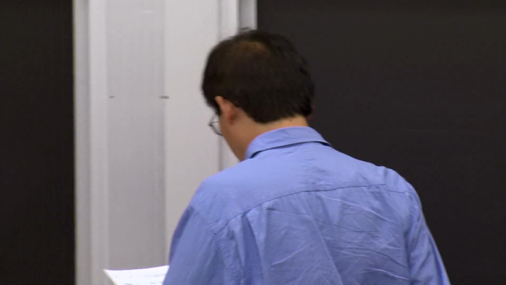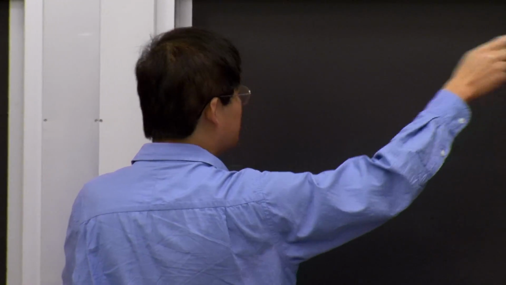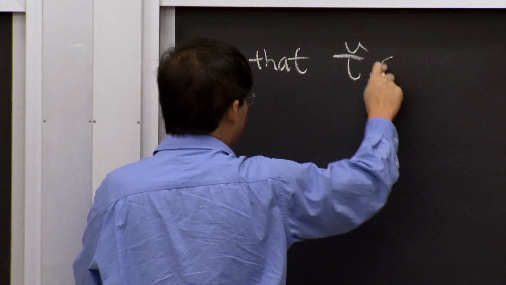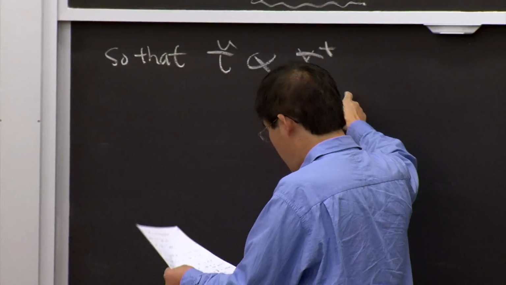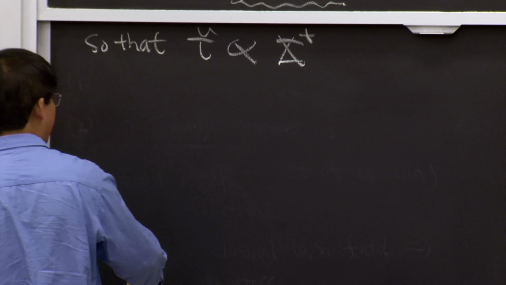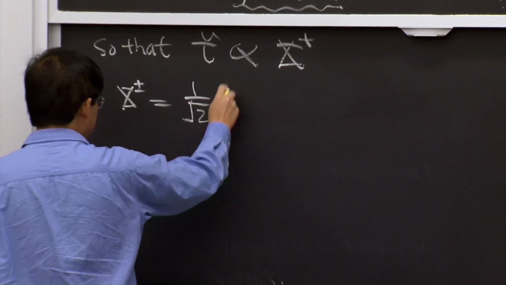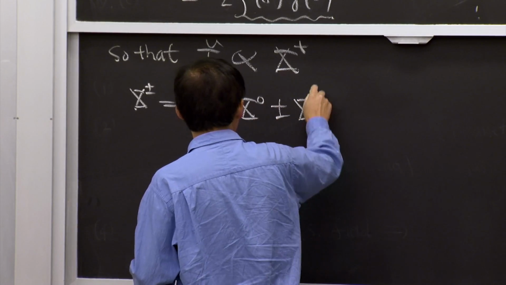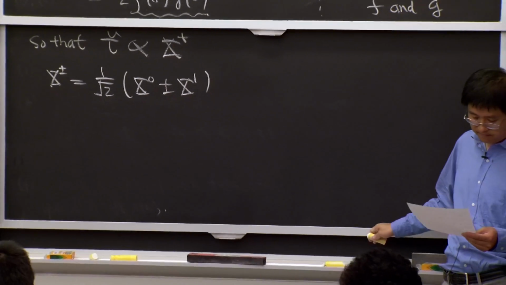And the smart choice is what we call the lightcone gauge. We choose tau tilde to be proportional to the so-called x plus. The x plus is defined by square root 2, the zero component of x plus one of the spatial directions, say I take 1.